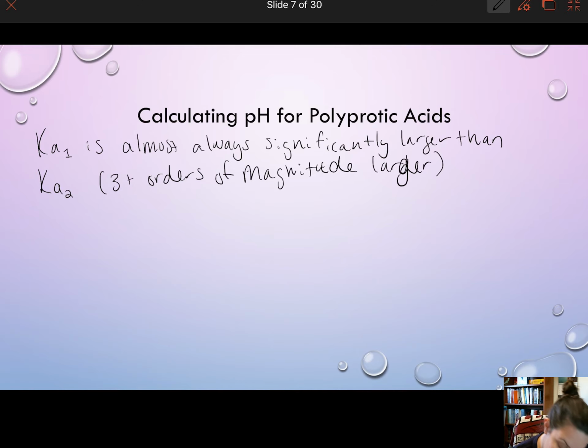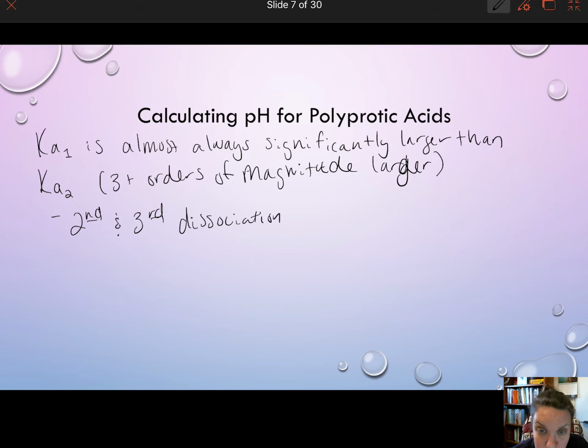Okay, so our second and third dissociations usually don't contribute real significant amounts of hydronium.